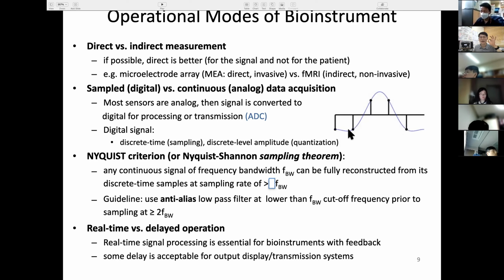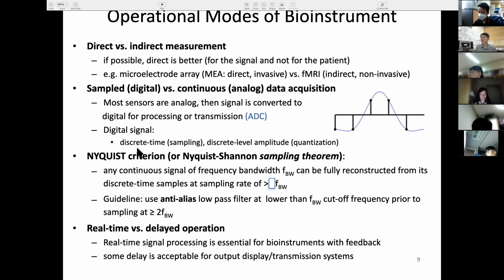This is the signal we are actually collecting to represent this blue original signal. And these black dot levels will also not be continuous, as described on the next slide. So we call this discrete time a sampling, and the discrete level amplitude we call quantized. So the y-axis level is in fact quantized.